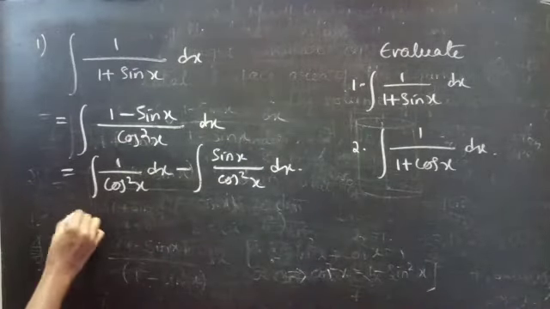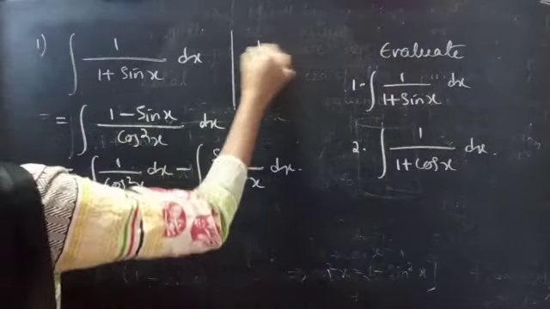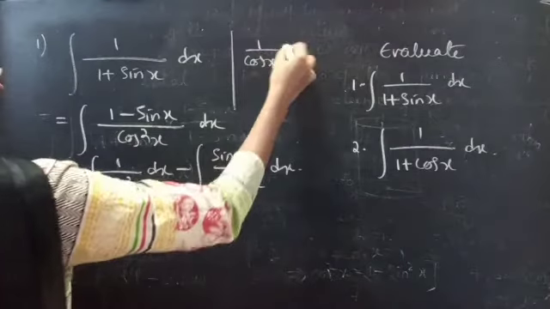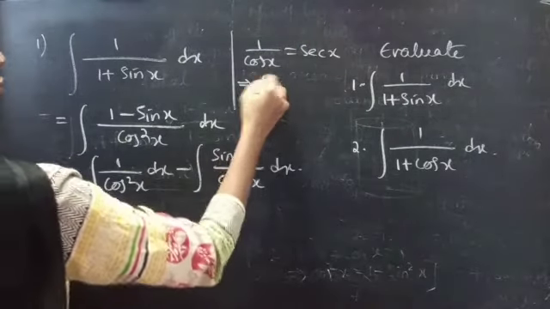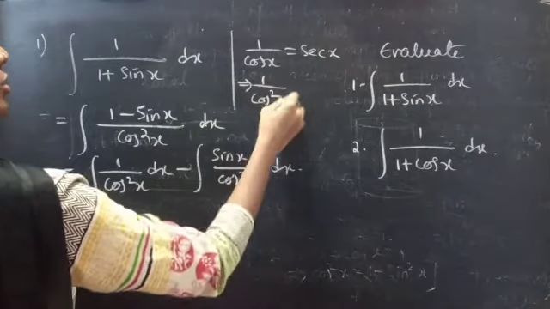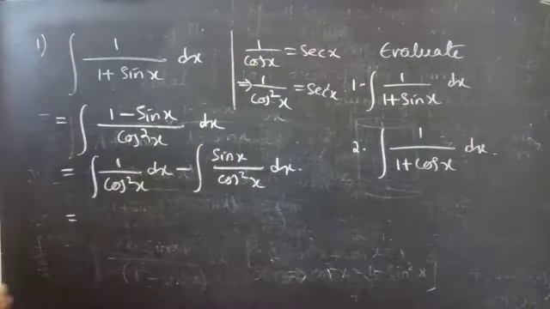Since we know that the reciprocal of cos x equals secant x, if you square on both sides you'll get 1 by cos square x equals secant square x.